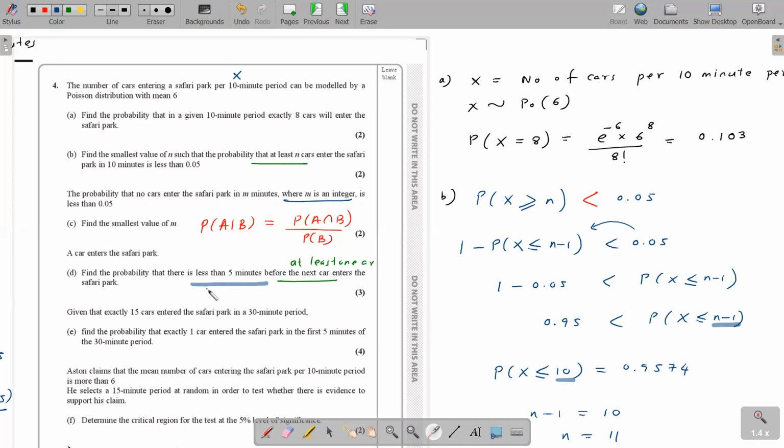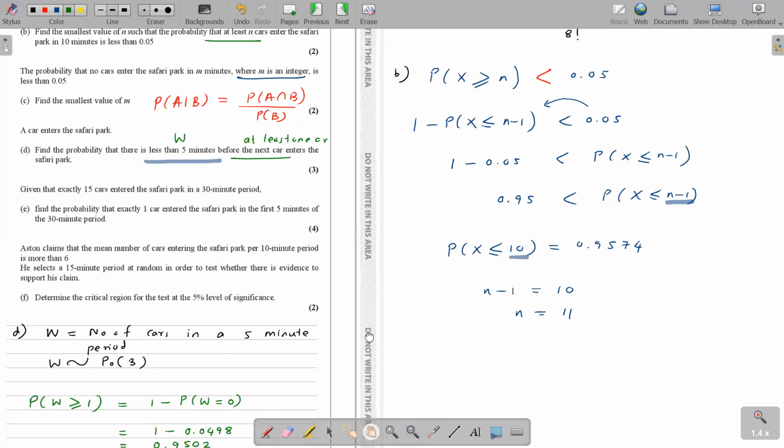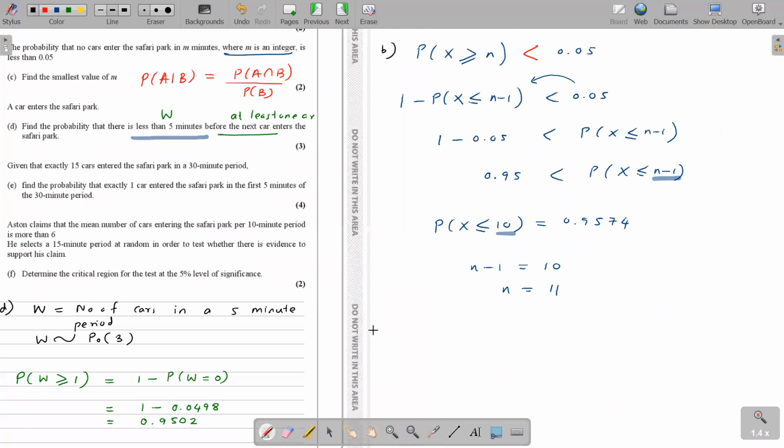And then for the 5-minute interval we used W. So we'll have to introduce another new variable for the 30-minute interval. Tell me a capital letter we can use here. Yeah, capital A is the number of cars entering in a 30-minute interval.